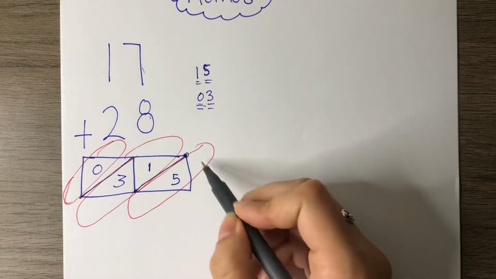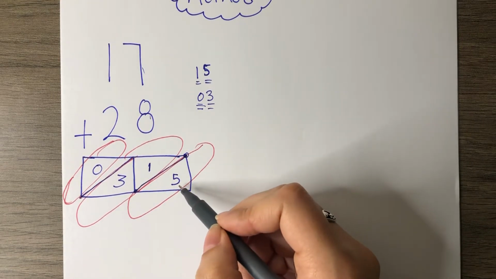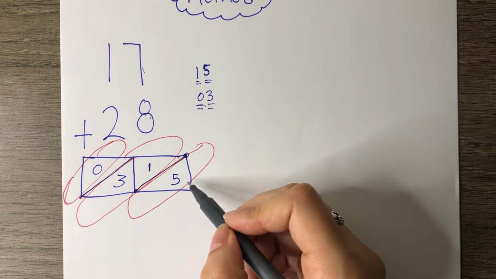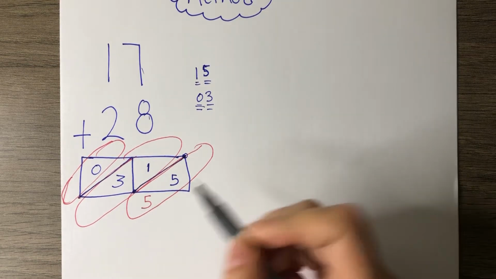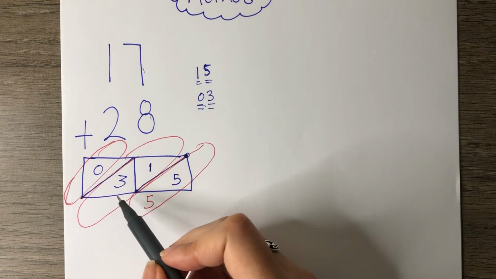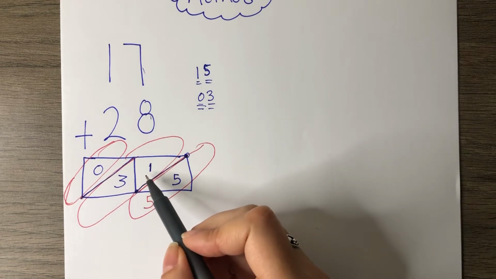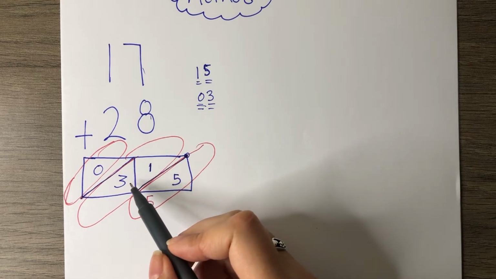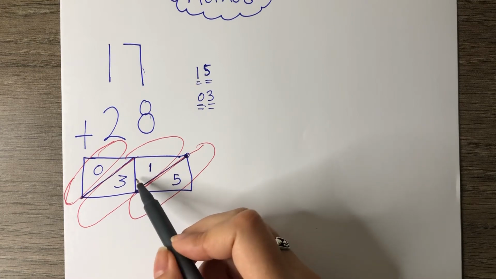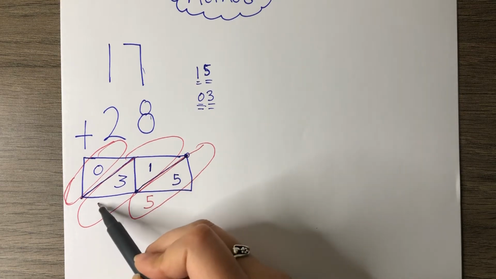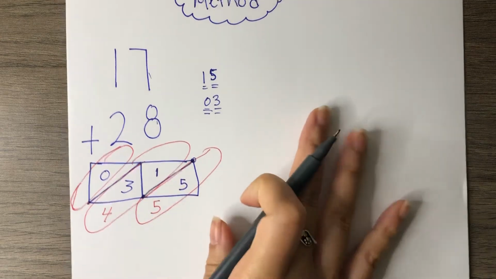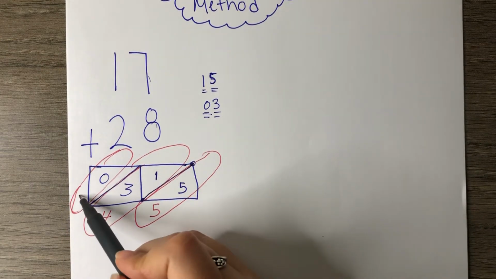So in this circle, we only have the number 5, right? There's no other number, so we bring down the 5. But in this group, we have a 3 and a 1. So we're going to add these 2 numbers. 3 plus 1 is 4, so we're going to write 4 down here. Then here we just have 0, so we're just going to bring that down.